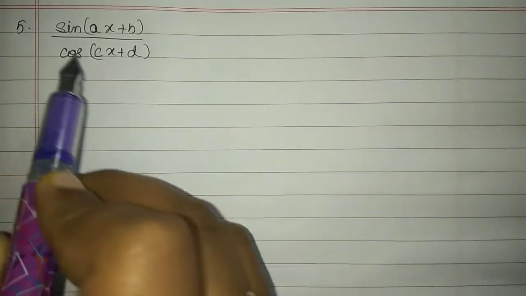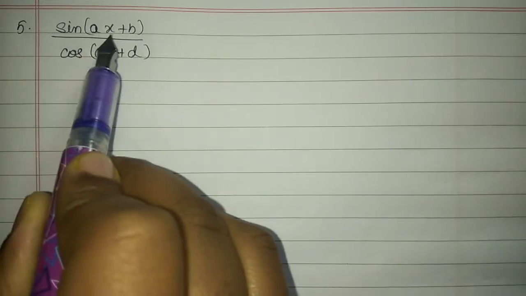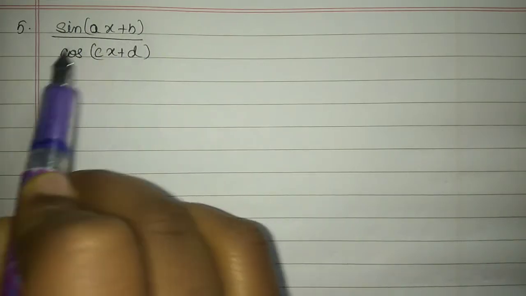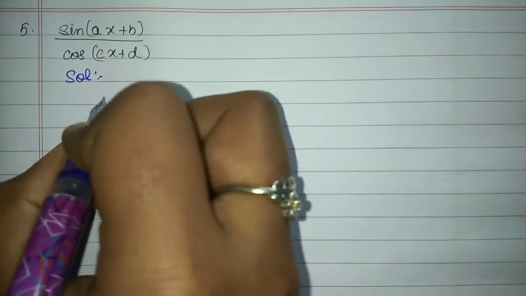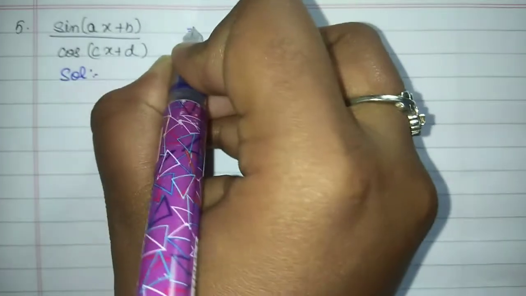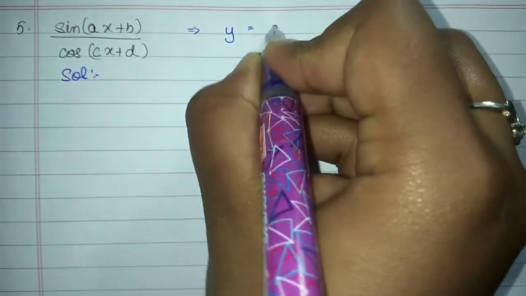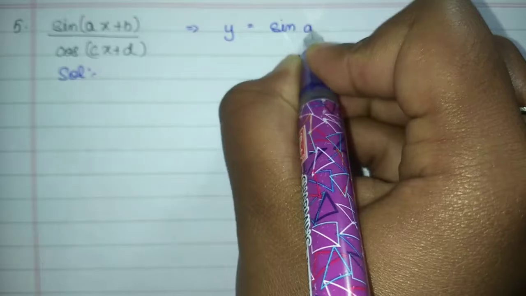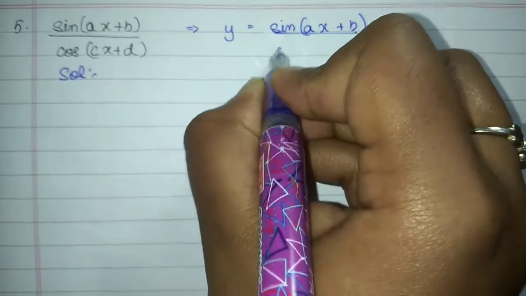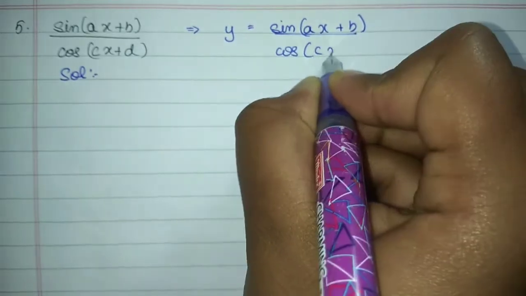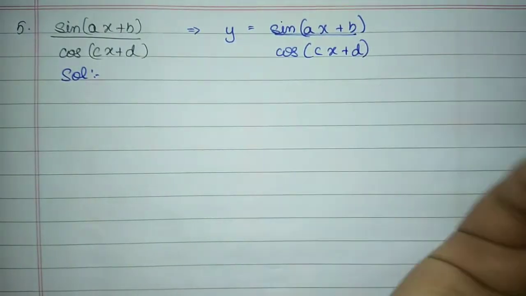Question 5. The function given is sin ax plus b divided by cos of cx plus d. So solution. Let us write this as y is equal to sin ax plus b divided by cos of cx plus d.